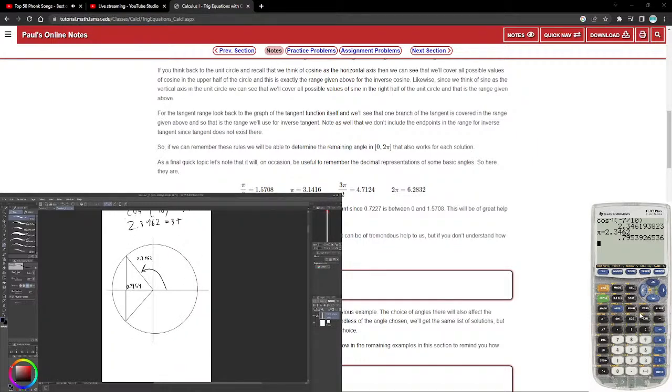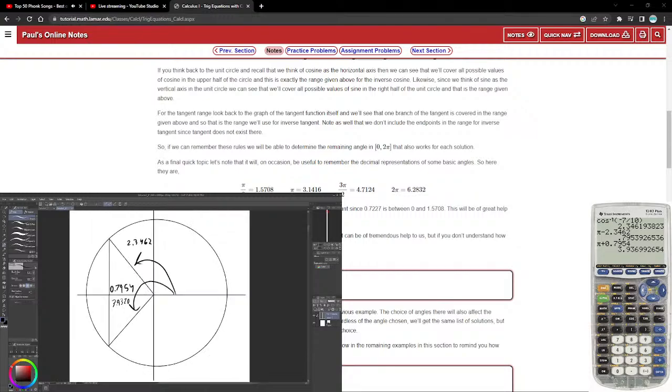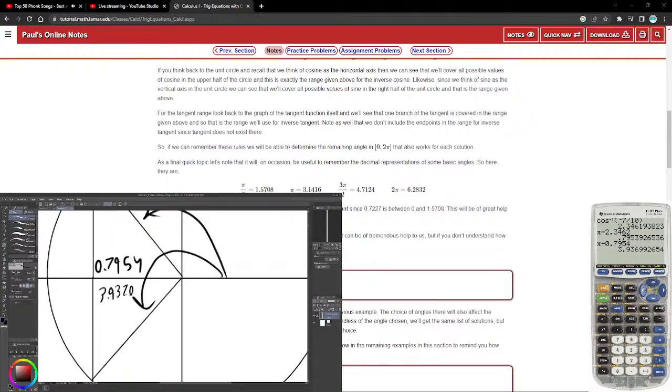So I add that together, or I just say pi. So pi plus 0.7954. So from here to here, 3.9370.